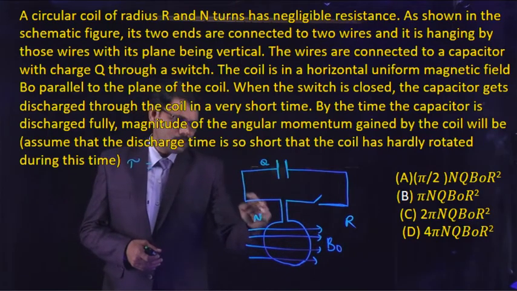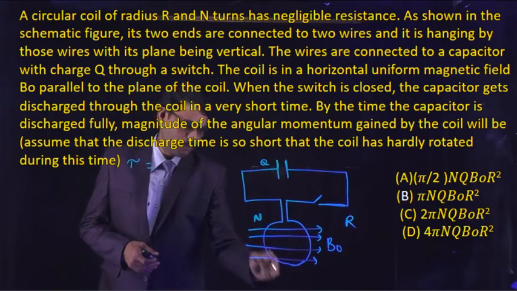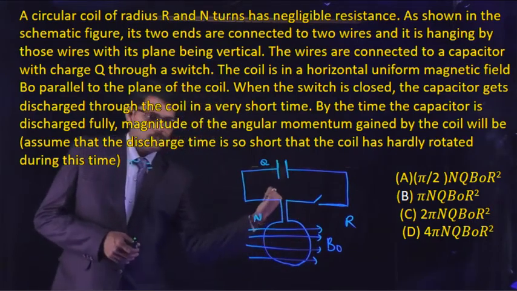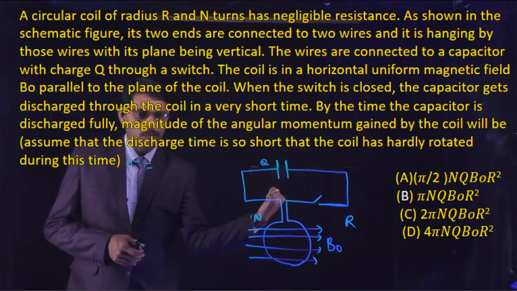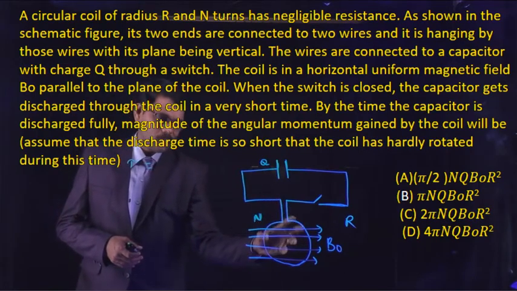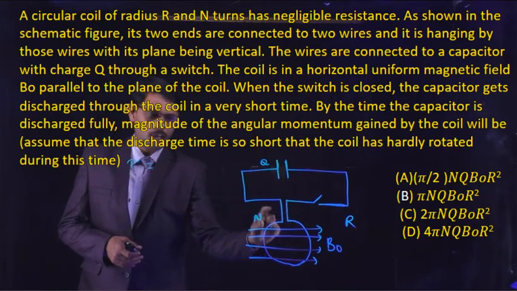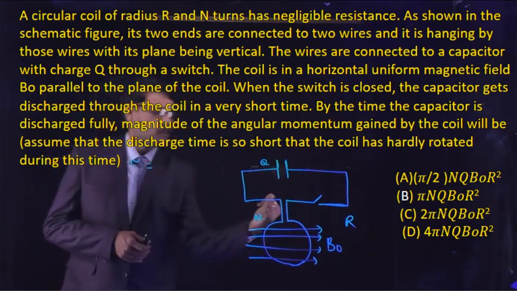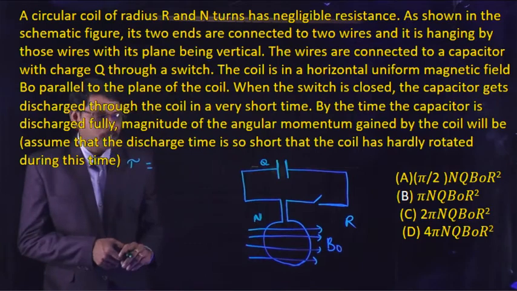So when charge is passing through the coil and current flows like this, then the magnetic dipole moment is in the outward direction, perpendicular to the plane. The direction of the magnetic dipole moment of the coil while current passes through it is perpendicular to its plane. Therefore, m bar and B bar make a 90 degrees angle.